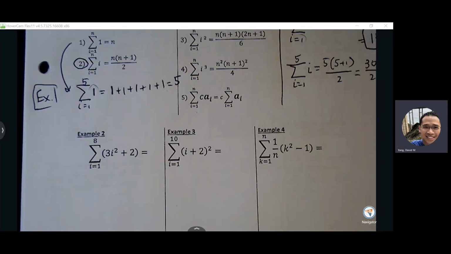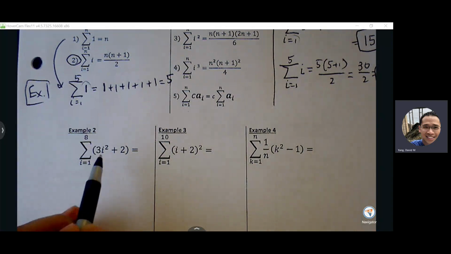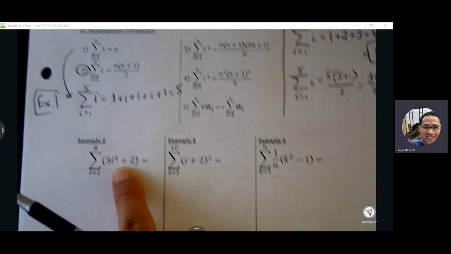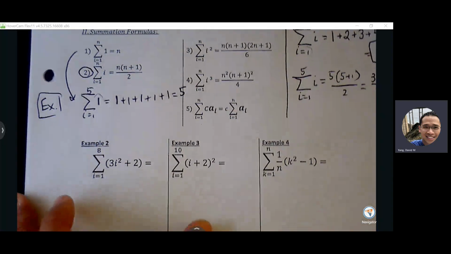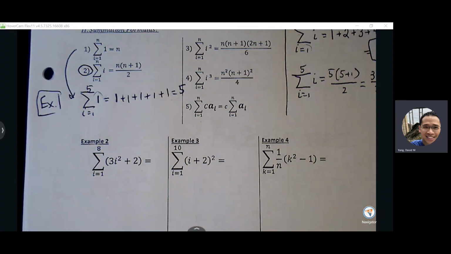Okay, so let's look at example 2. Summation from 1 to 8 of 3i squared plus 2. Now, if you look at this right here, this is a little too much. It doesn't fit into any of these rules exactly, right? So what we can do, however, is split this into smaller portions, into separate problems, and we can handle the sums separately.